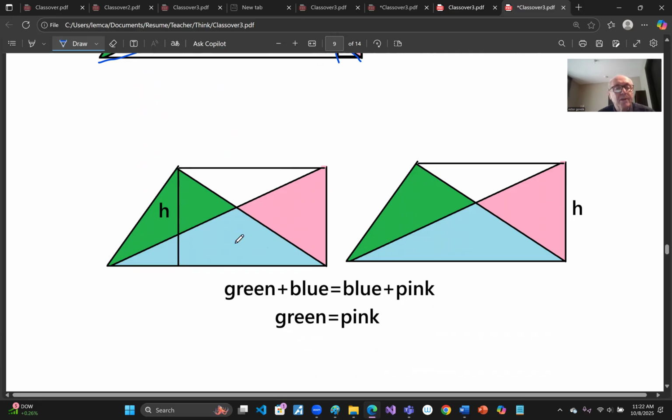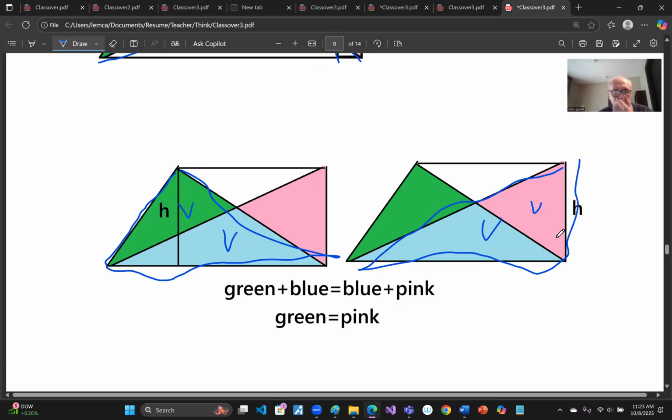Consider two triangles. One of them is made up of two other triangles, the green and blue. And the other triangle is made up of the other two triangles, blue and pink. They have equal area because they have the same base, which is the base of the trapezoid, and they have the same height.